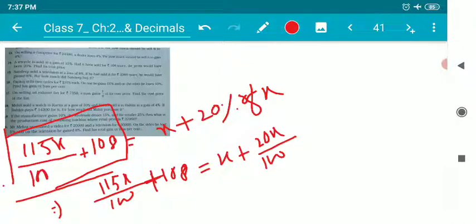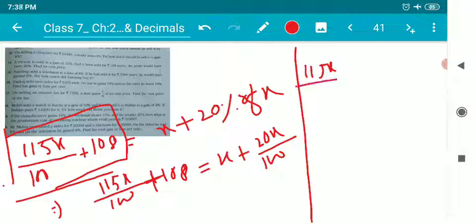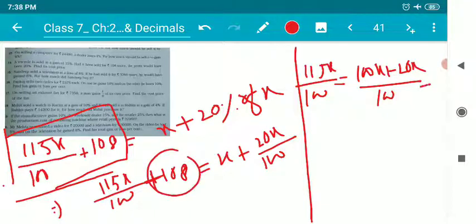Let us calculate this one. 115x by 100 equal to, I'm using a very easy process to calculate, 100x plus 20x by 100, and here is 108. It will be transposed. It will be minus 108 over here.